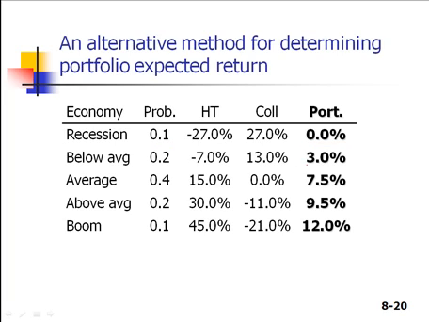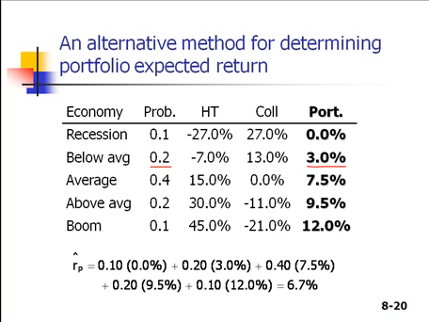Then in the below average case you've got a 3% rate of return, and there is a 0.2 chance of that happening, so 0.2 times 3% is 0.6%, and you could just continue this on down. Take that weighted average just like I showed you how to do for the individual stocks.